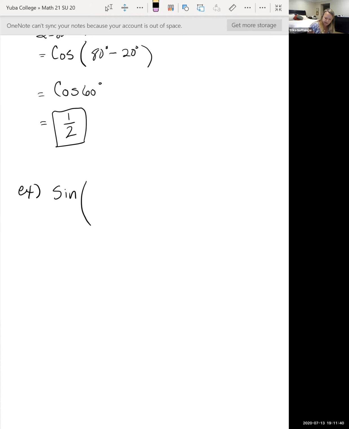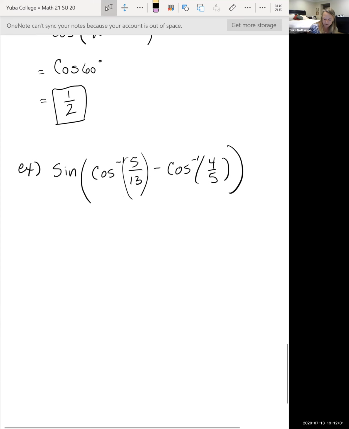So I'm not going to do it, but you should be able to do the following. Sine of cosine inverse of 5/13 minus cosine inverse of 4/5. You should be able to do this without a calculator. This is where you choose alpha to equal the first inverse trig. If we take the cosine of both sides, we can now do our triangle.